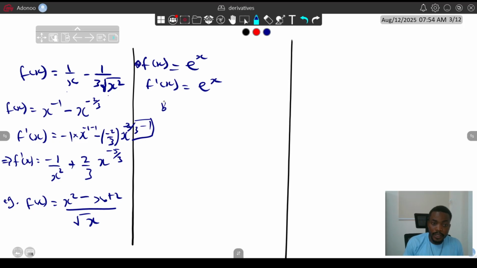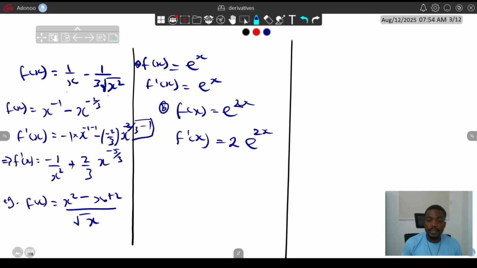So we have f of x is equal to e raised to the power 2x. Then f prime of x will be equal to 2e raised to the power 2x. So what is happening here? You can see that we are only differentiating the power and then multiplying it by the function. That is the rule.